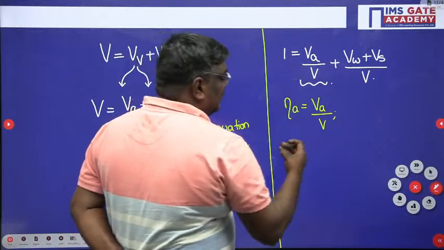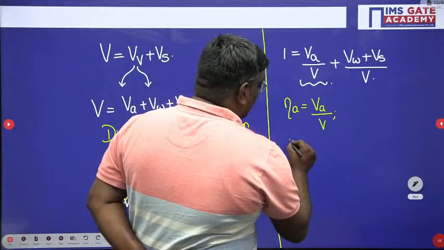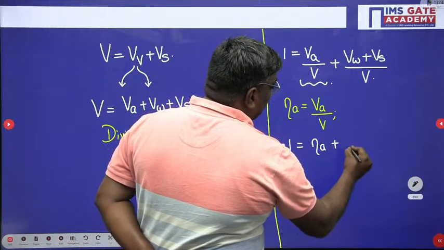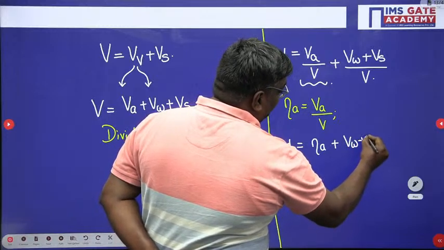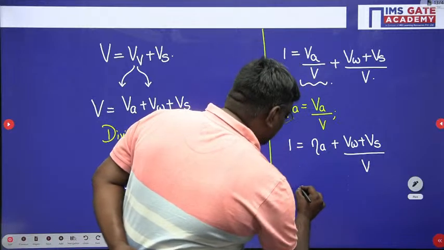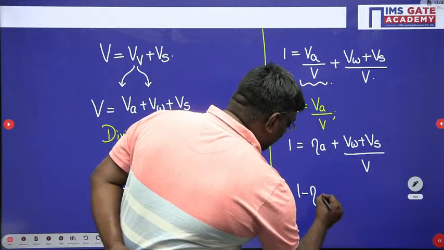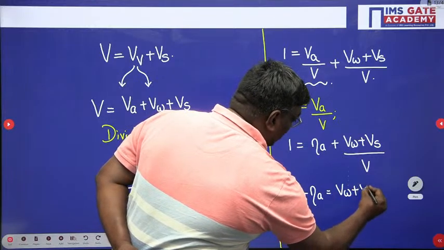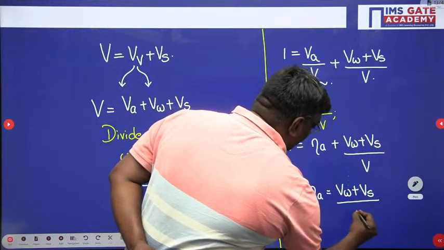Now this equation I can write as 1 is equal to Na plus volume of water plus volume of solids upon total volume. Or you can write 1 minus Na is equal to volume of water plus volume of solids upon total volume.